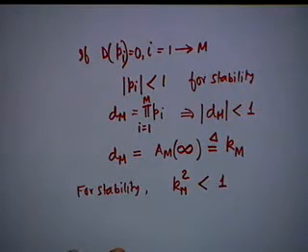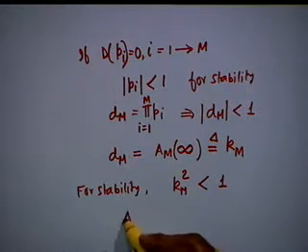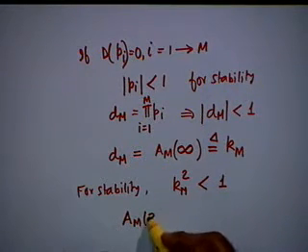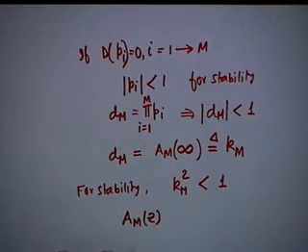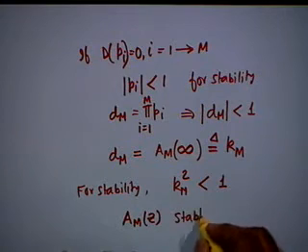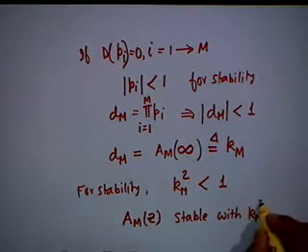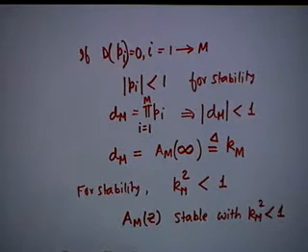This is necessary but not sufficient. It is a necessary condition. Okay. So, let us assume that A_m(z) is stable with k_m squared less than 1.